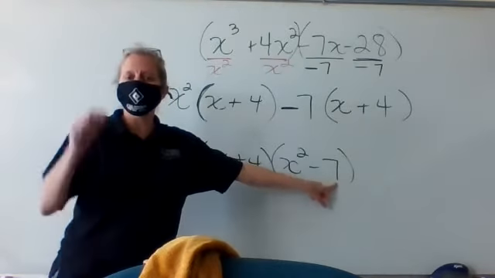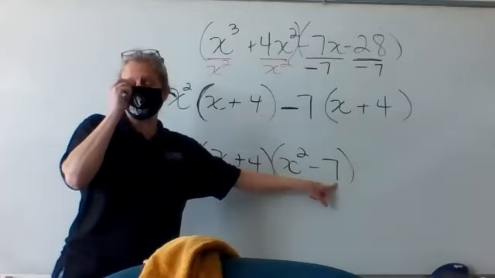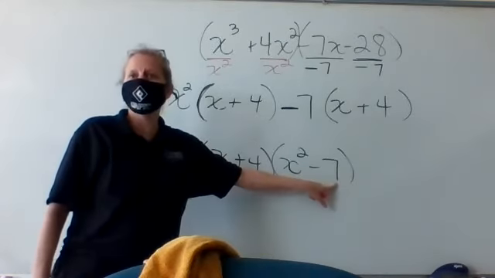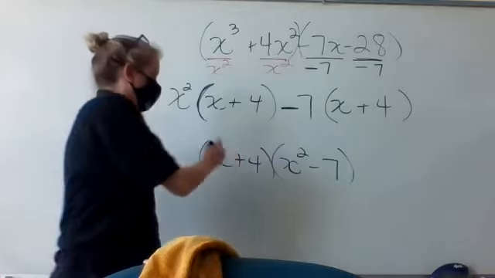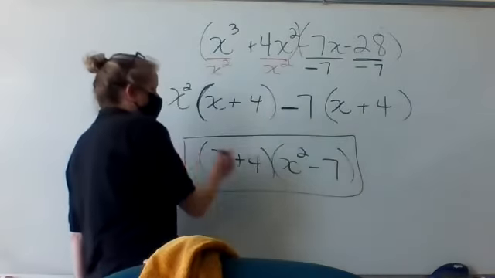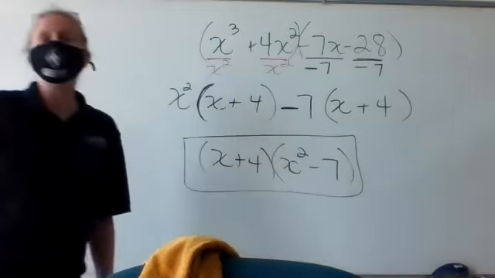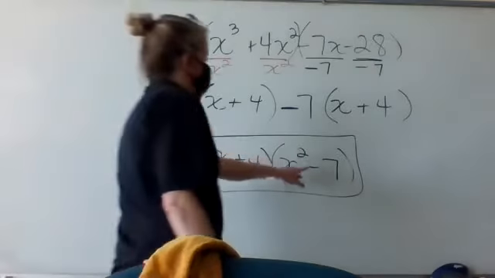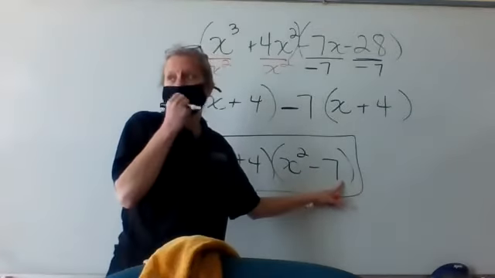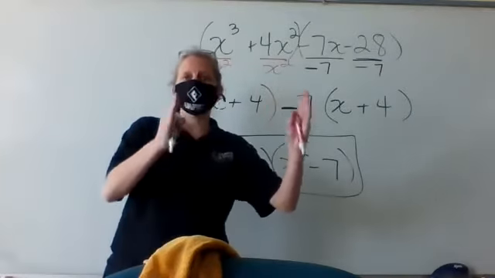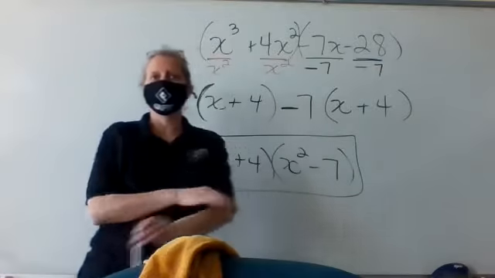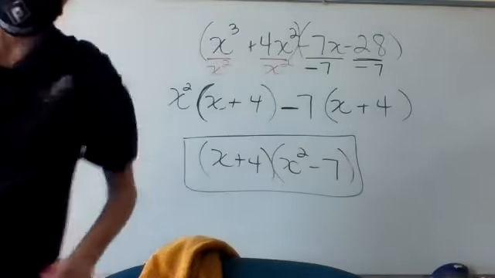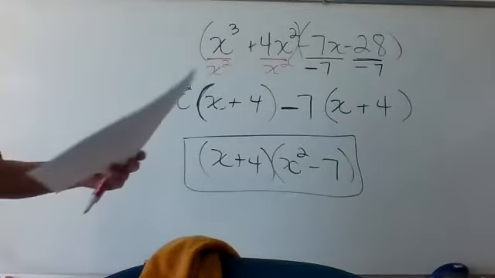What's the same number that you're going to multiply together to get 7? There's not one. So that's why I can't go any further with that one. But you do check it if you still have an x squared in your parentheses. Like if this would have been x squared minus 9, then I could have done (x plus 3)(x minus 3). But that 7 keeps me from that.